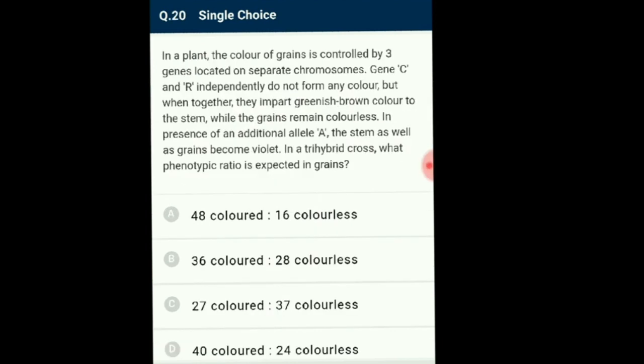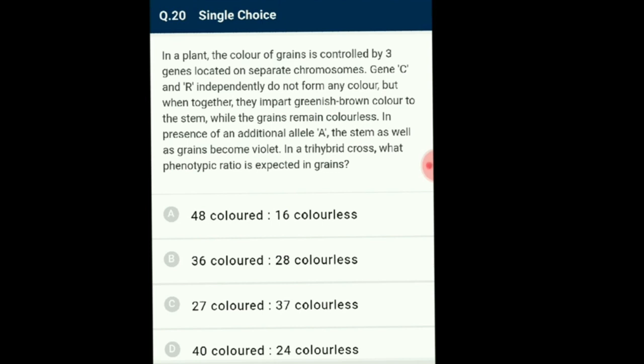In a plant, the color of grains is controlled by three genes located on different chromosomes. Genes C and R independently do not form any color, but when together they impart greenish brown color to the stem, while the grains remain colorless. With the presence of an additional allele capital A, the stem as well as the grain becomes violet.